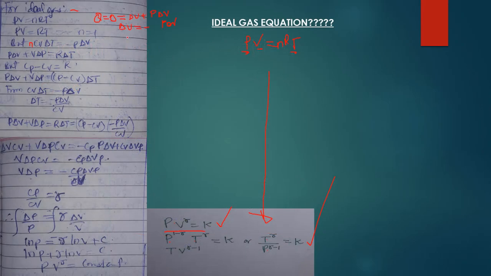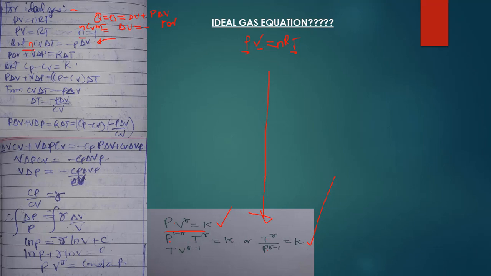So at constant volume then change in internal energy ni sawa na nCV change in T.